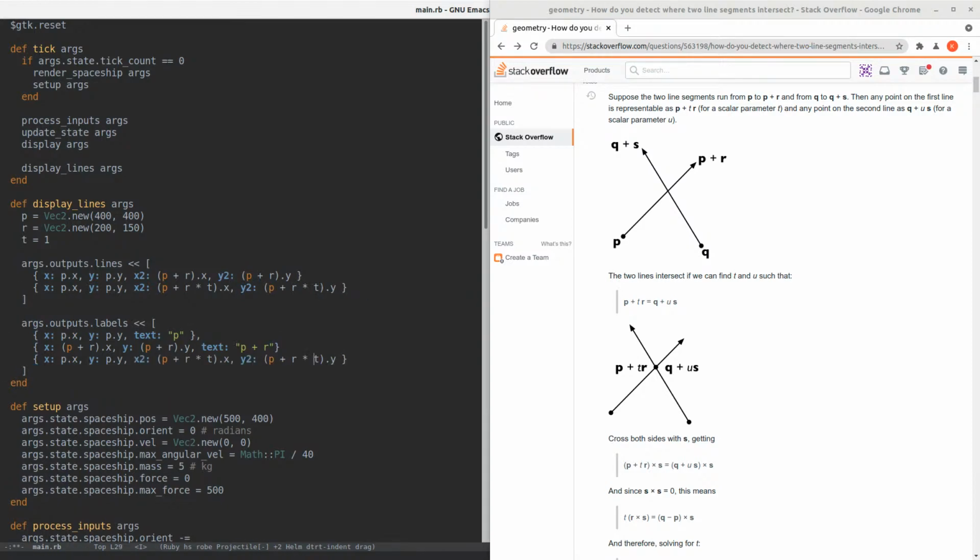The first bit will be text on, well, I guess we don't need this one here. We only need the second one. And our text is p plus t times r. And it doesn't like that because I did something dumb, like not put a comma here. And now it still doesn't like me. Oh, I didn't add a comma here either.